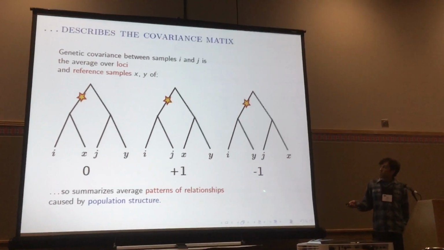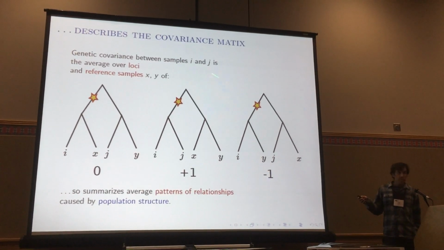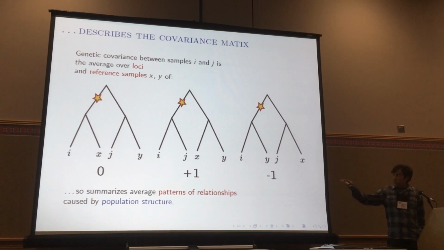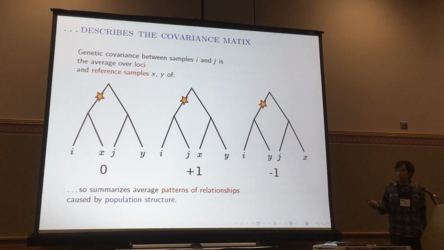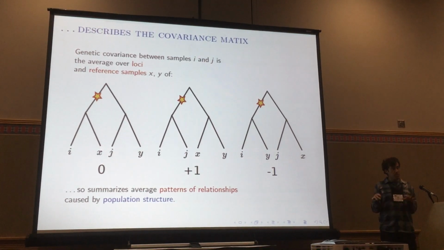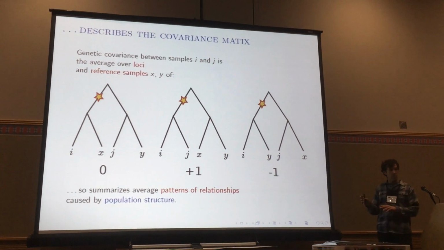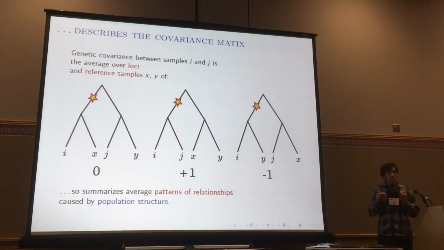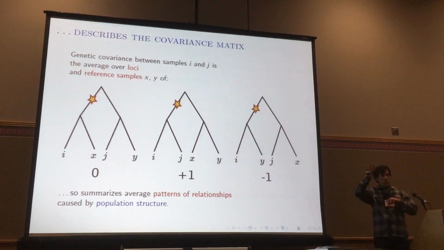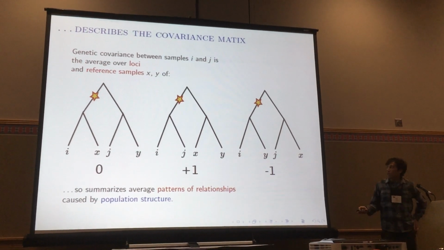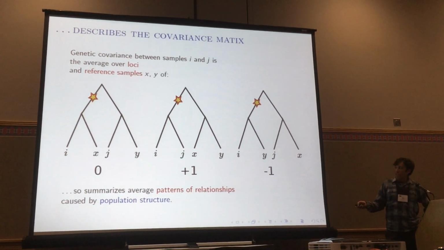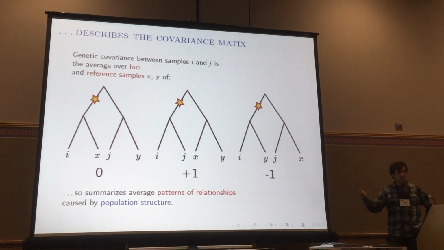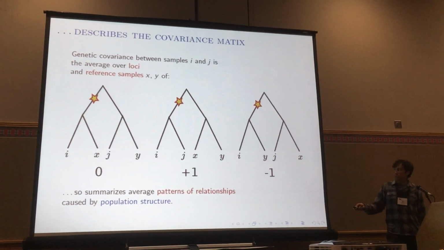To compute the genetic covariance between two samples, I and J, you can do it as follows, roughly. First pick two other samples at random from your data set, and average over those. Those will be X and Y. Then look across all the loci where there are mutations that separate your four samples into two groups of two. Every time you've got a mutation that puts I and J, the ones you're computing the covariance between, together, you add 1 to your score.